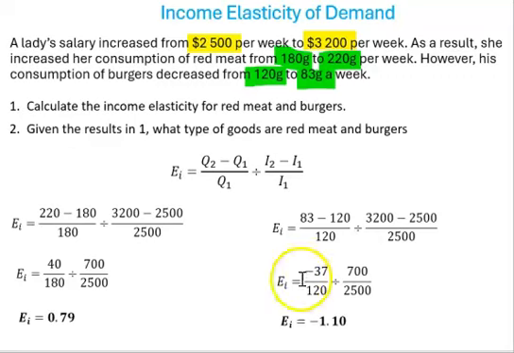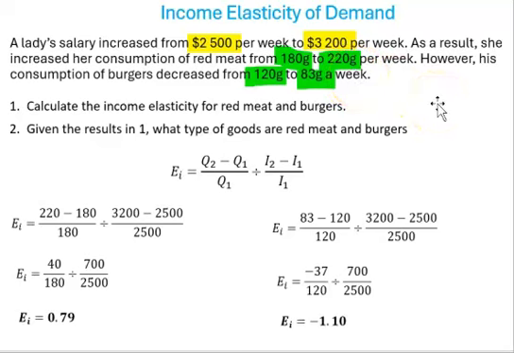And secondly, we are required, given the results in one, to identify what type of goods red meat and burgers are. So when we look at red meat, we can see just from the question that as income increases from 2,500 to 3,200, the consumption of red meat increases from 180 gram to 220 gram.